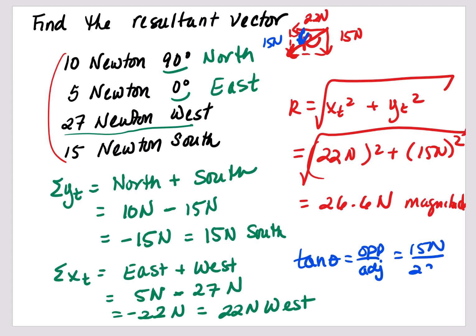Next to is my 22 newtons, because it's next to my theta. So if I do my inverse tan, it becomes 34.3 degrees. Since I'm measuring from the west, going to the south, it is southwest. So this is my direction.